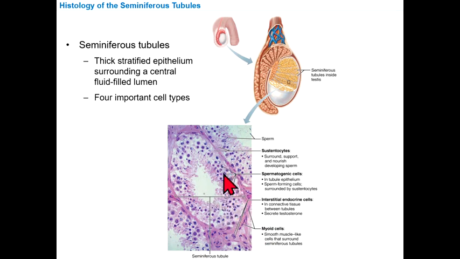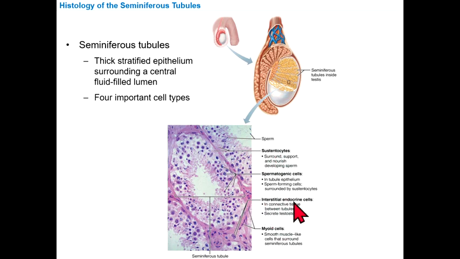Here we have arrows pointing to all these other cells in the wall of the seminiferous tubule. Those are spermatogenic cells. They're in the tubule epithelium. They're sperm-forming cells, as their name implies, spermatogenic cells. And they're surrounded by sustentocytes, which is the first type of cell that we went over.